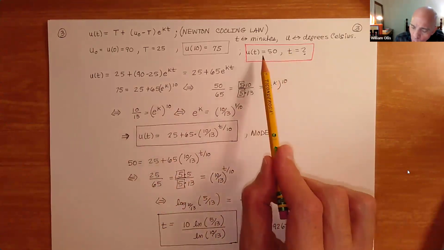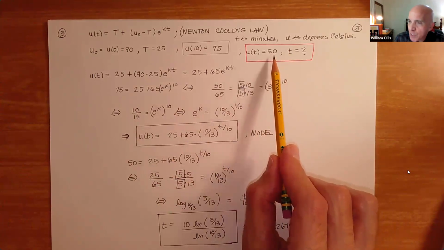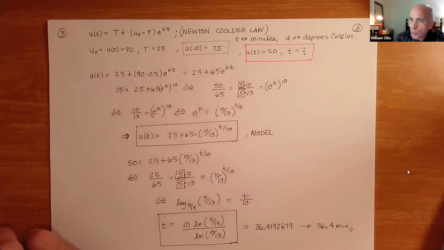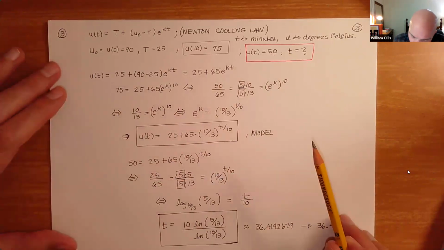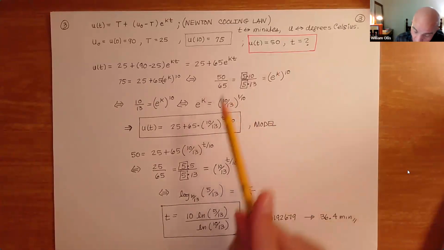Now, what we're going to say is that when the object temperature is 50 degrees Celsius, what is the time that would have transpired? So we're going to do a backwards problem just like we did before, figuring out the age of the artifact. So at this point, we simply take this information and work it backwards.